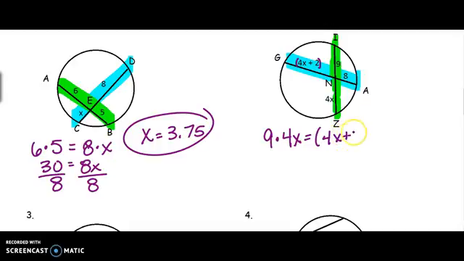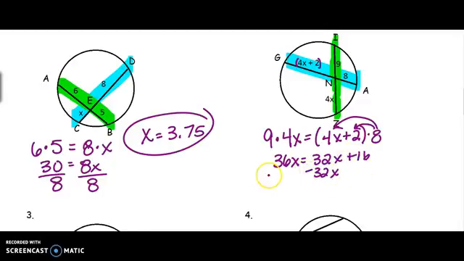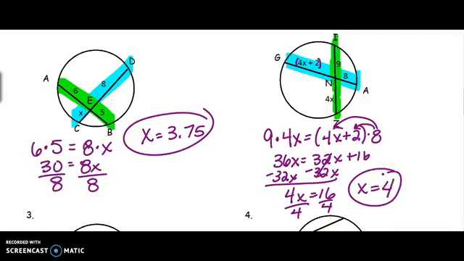So we have 4x plus 2 in parentheses times your second part, which is 8. So for this problem, 9 times 4x is 36x. And then when you distribute the 8, you're going to get 32x plus 16. So we have to get our x's together. So we would say 36x minus 32x, and we would be left with 4x equals 16. And then when you divide by 4, x is 4.